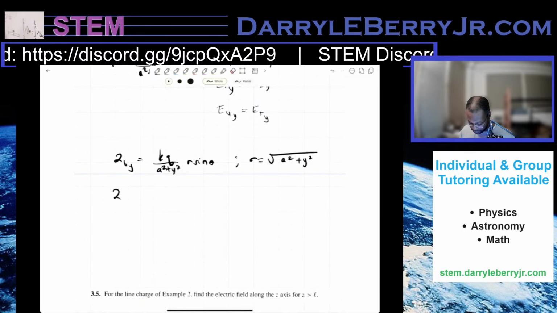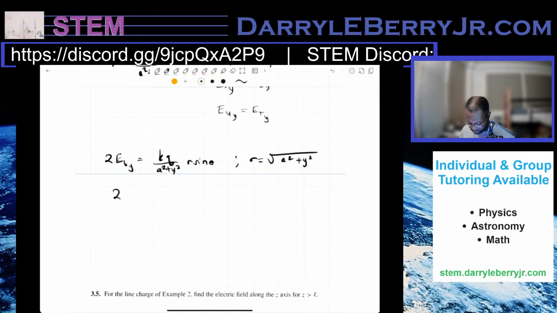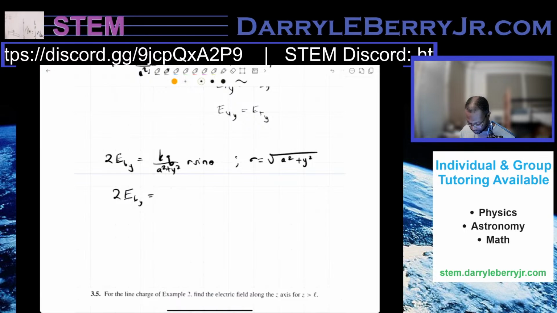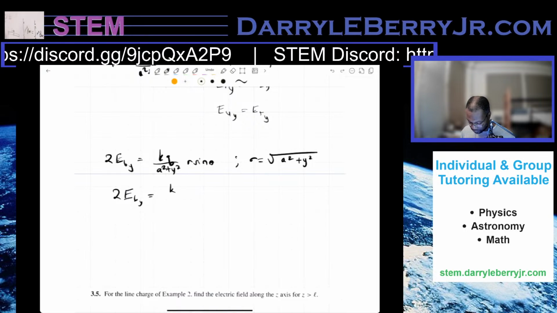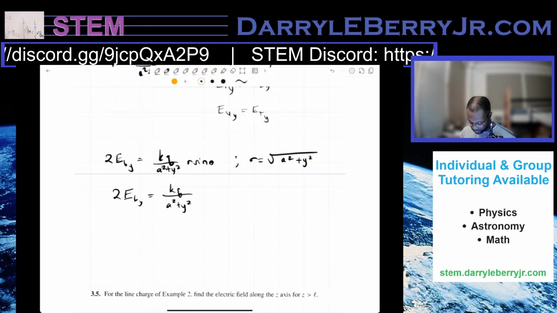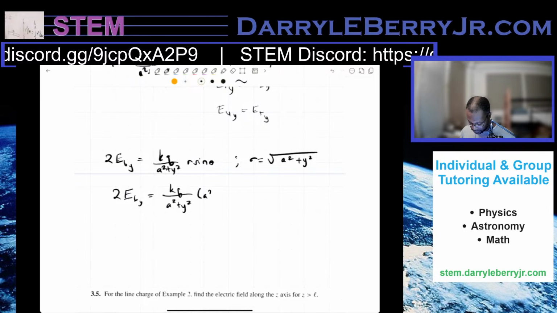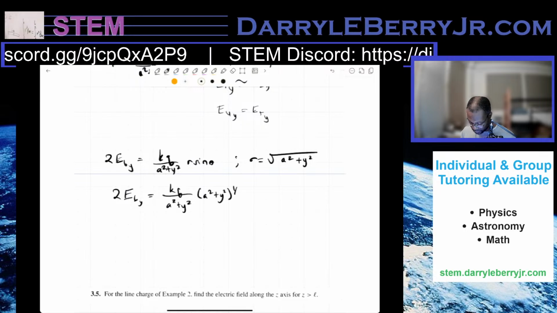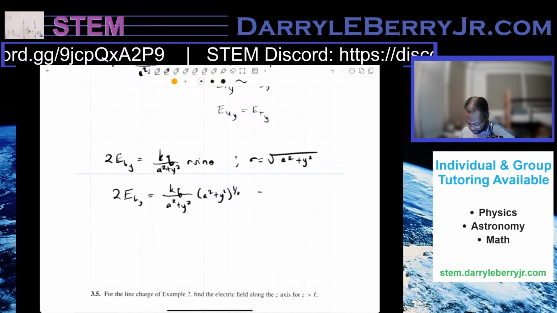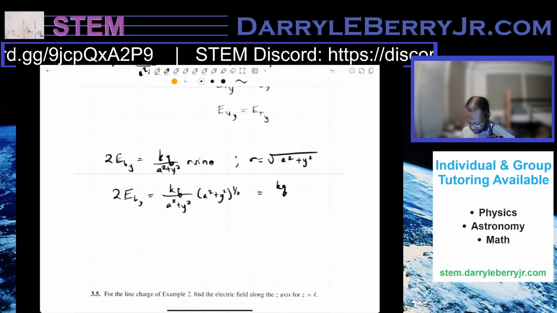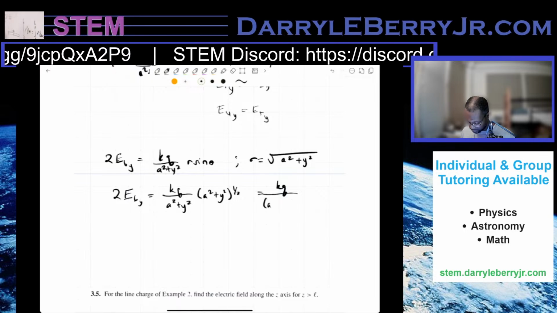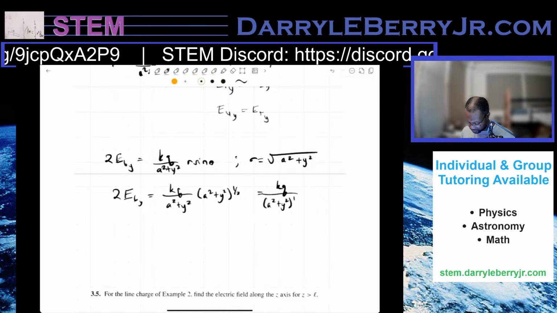So 2 E6 Y equals KQ over A squared plus Y squared, times A squared plus Y squared to the 1/2. So that equals KQ over A squared plus Y squared to the 1/2.